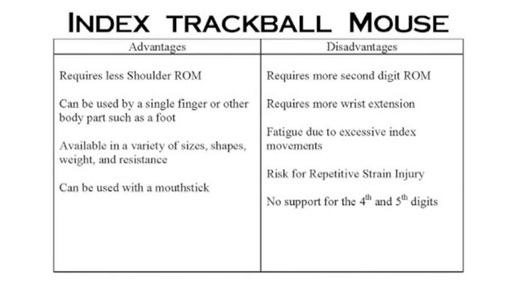The advantages of the index trackball mouse are that it requires less shoulder range of motion, can be used by a single finger or other body parts, is available in a variety of sizes, shapes, weight, and resistance, and can be used with a mouse stick. The disadvantages of the index trackball mouse are that it requires more second digit range of motion, requires more wrist extension, may cause fatigue due to excessive index movements, risk of repetitive strain injury, and no support for the fourth and fifth digits.